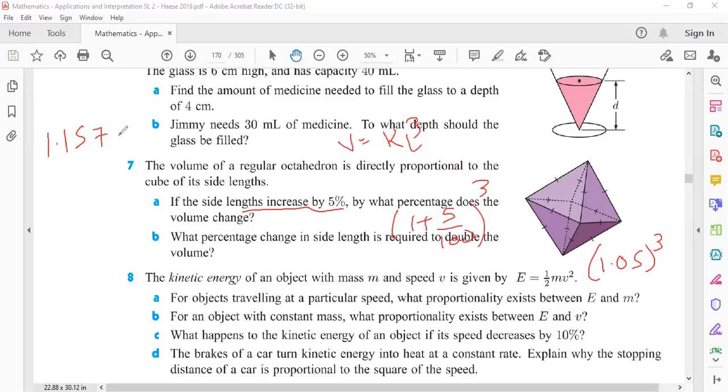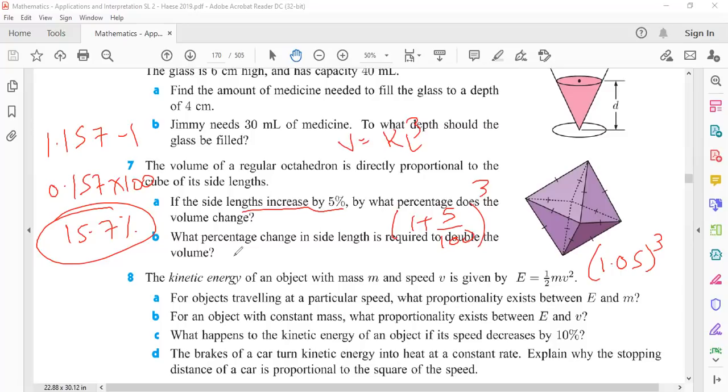Yeah, but minus 1, so you will get 0.157 into 100, so you will get 15.7. So the 15.7% increase. So if length is increased by 5%, volume will increase by 15.7%. Got it?